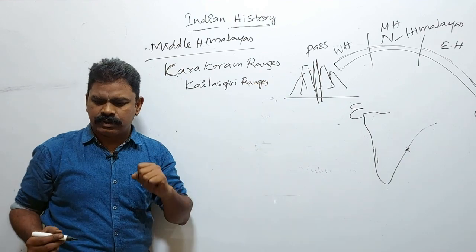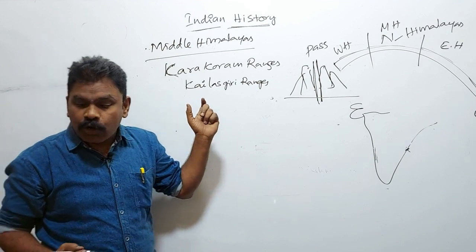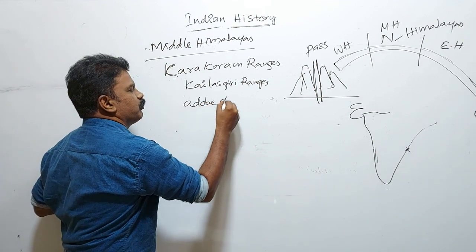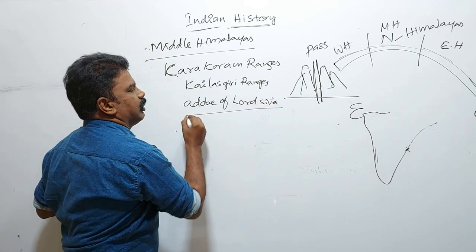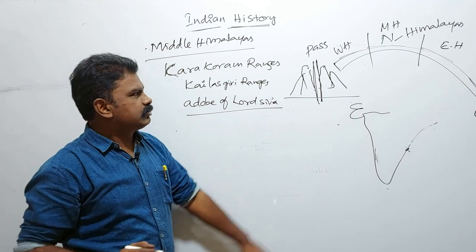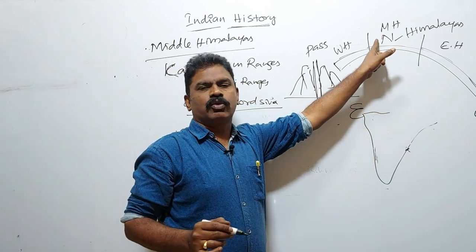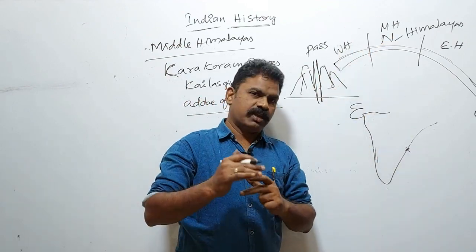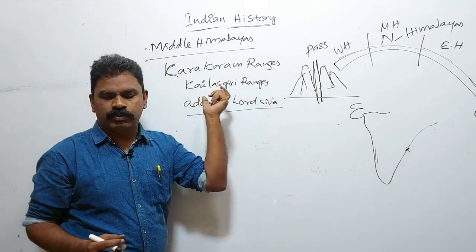That was the abode of Lord Shiva. According to our Indian tradition, Lord Shiva used to stay in the Karakoram ranges. If you go to the Karakoram ranges, you can visit Lord Shiva at Kailasagiri.